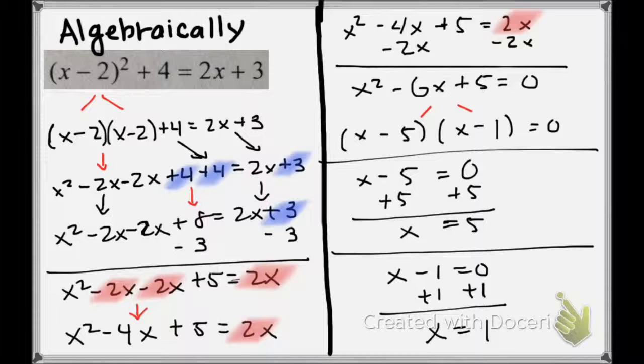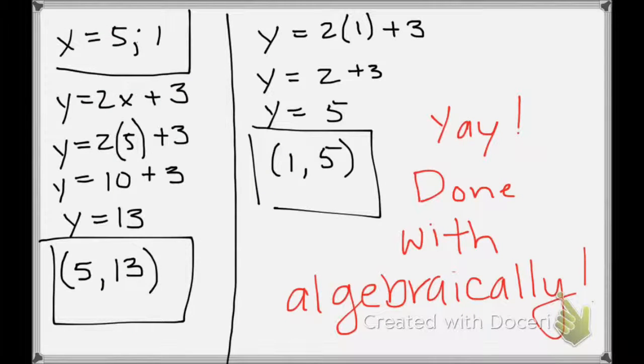We need to find the y's for these x's. So then, we plug the x values we found into either the quadratic function or the linear function, and I chose to plug it into the linear equation because it was faster and simpler. So y = 2x + 3, which you replace with a 5.